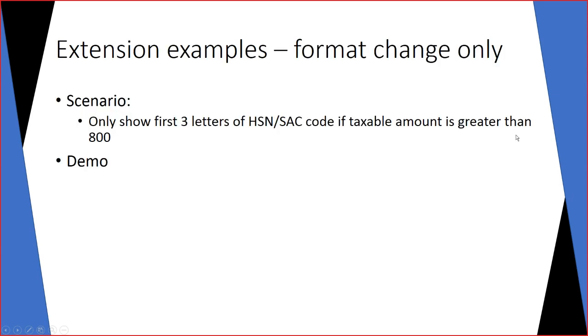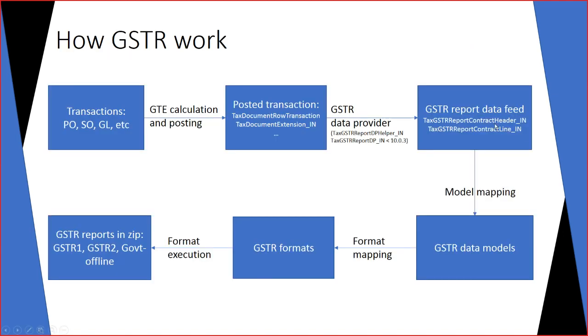Okay. Then let's go to the extension scenarios. So right now I just explained how the data flows between each step. When you need to do customization, usually you will do customization if a required format needs to be changed, and you will modify the format directory.